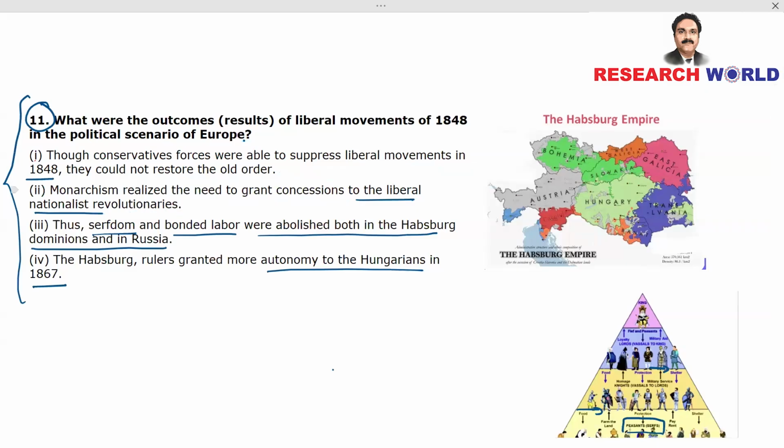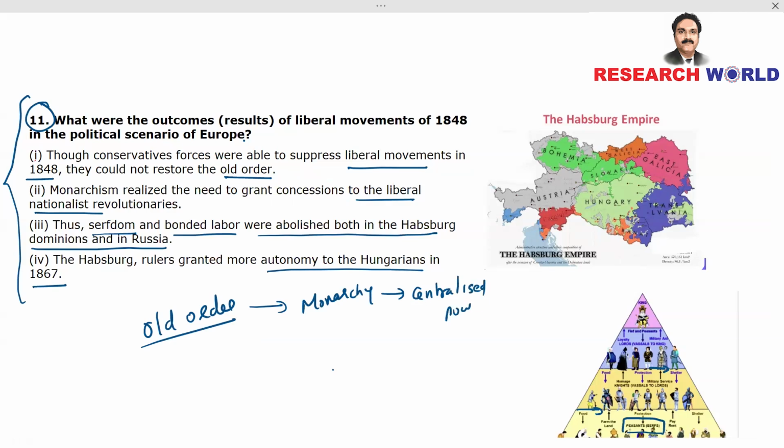Okay, let's see what it is. Though conservative forces were able to suppress liberal movements in 1848, they could not restore the old order. What was that old order? Here, the term old order implies monarchy which has got centralized power, then intolerance towards dissent.